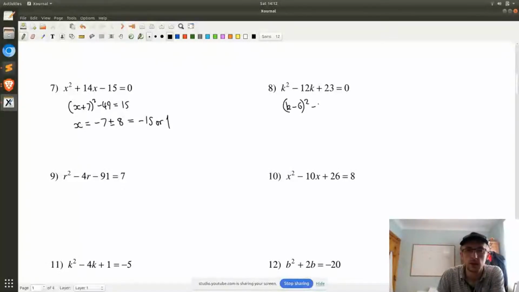6 all squared take... What's 36 take 23? Well, that's 13. So plus or minus root 13. So 6 plus or minus root 13.